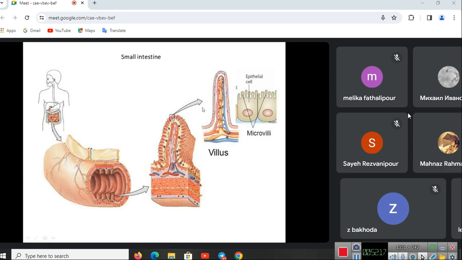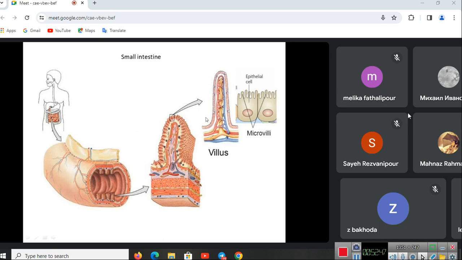Villi, these protrusions, and every villus is covered with epithelium. And epithelial cells have microvilli. Microvilli we studied last time when we studied cell surface specializations. So microvilli can be seen only in electron microscopy picture. They are located at the top surface of the epithelial cells.